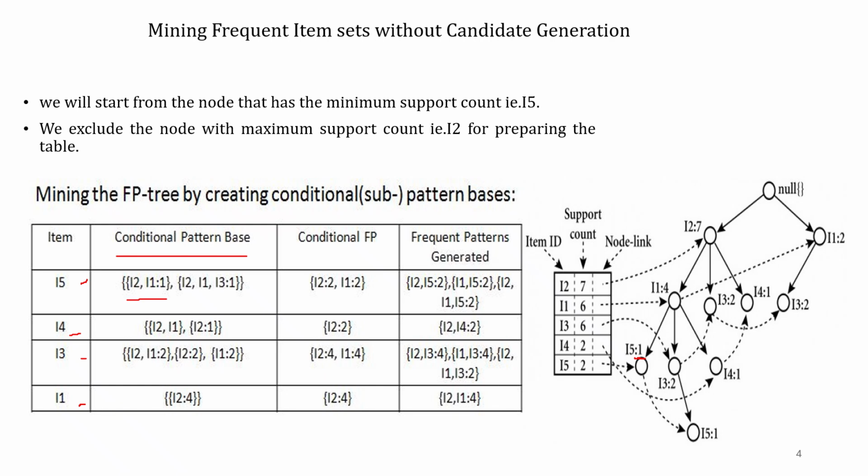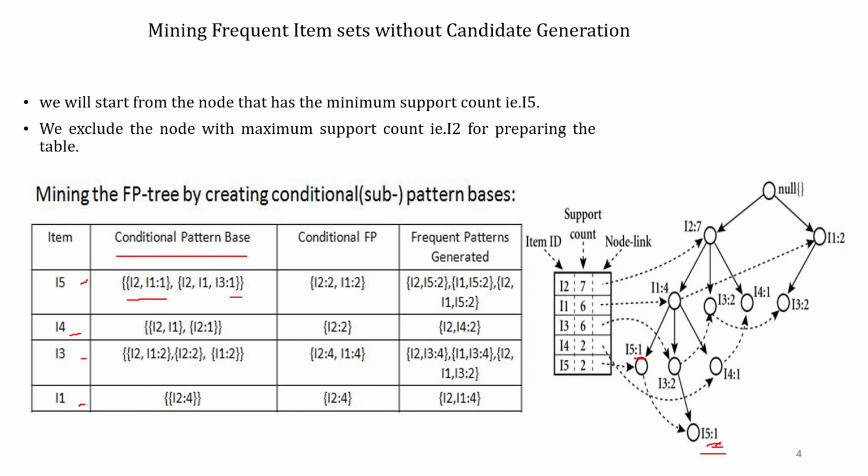Then the other I5 is here. It is navigating from I2, I1, I3 with the support count of I5 as 1.